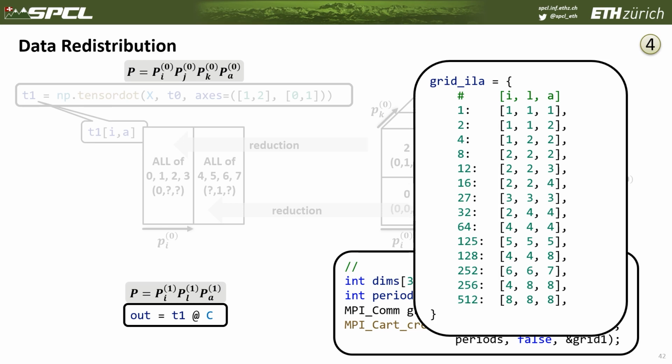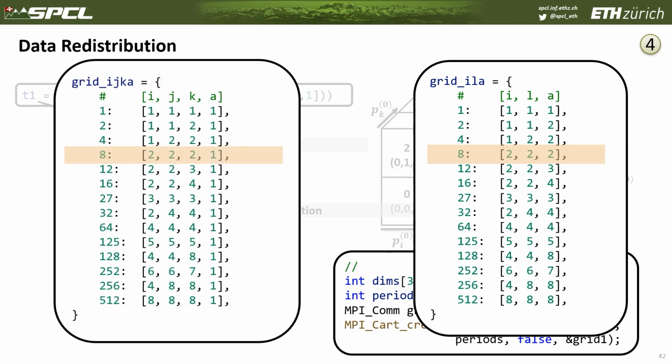If we go back now to the information we got from SOAP, and we also say that we are using 8 processes, we will see that the process grid for the second group is going to have dimensions 2, 2, and 2, while for the first group it was 2, 2, 2, and 1.